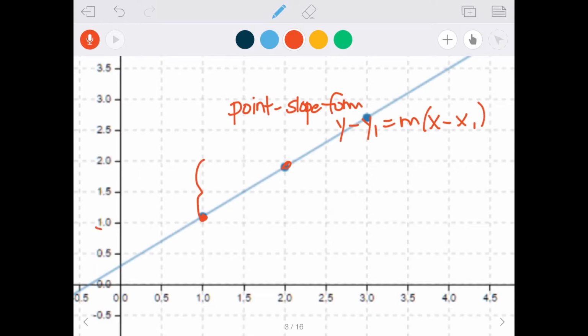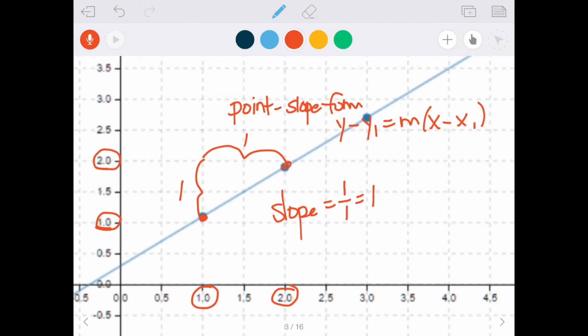Except if I go from 1 to 2, that's really only rising up 1 because I'm going in half space increments. If I go from here to here, this looks like 2, but it's really 1 because if I'm going from 1 to 2, that's only 1, okay? And so my slope would be 1 divided by 1, which is 1.